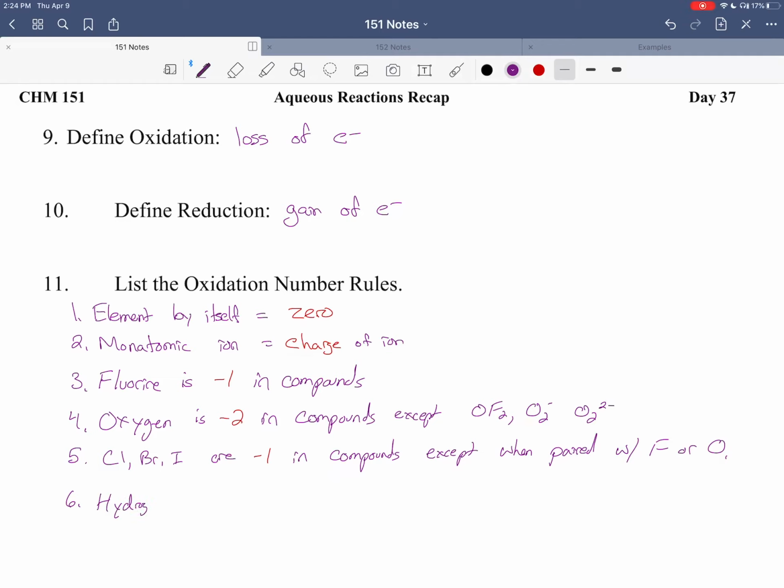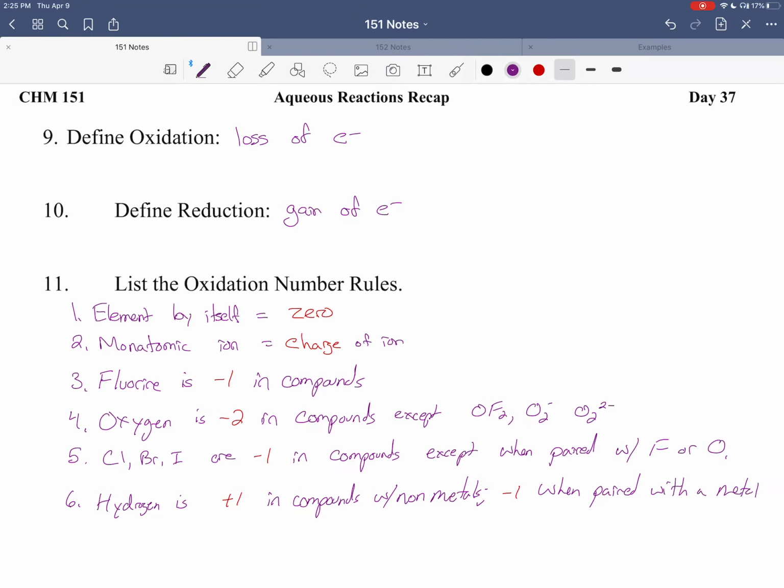6, hydrogen is +1 in compounds with non-metals, and it can be -1 when paired with a metal.